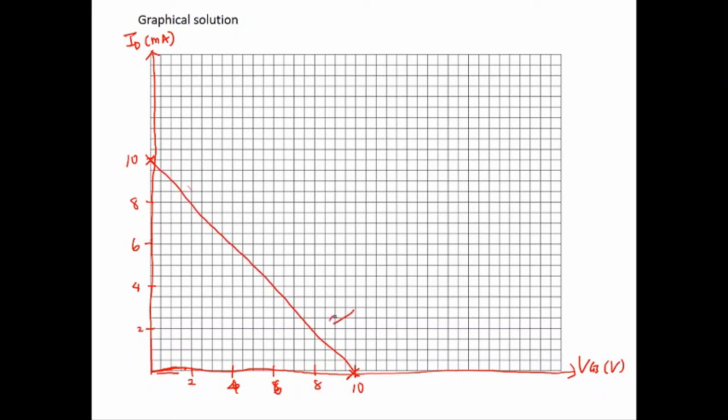this is your KVL. Okay, for the transfer characteristic, this is the point of 5. Below 5, the current is 0.